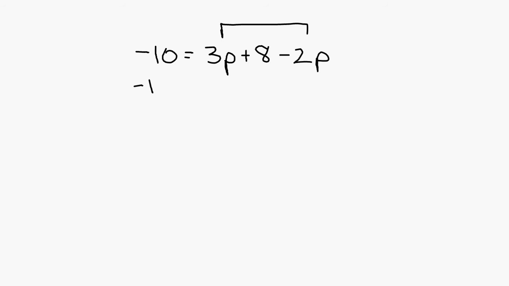So the negative 10 and the equal sign get rewritten. And in your calculator, you're just going to take 3 minus 2. And 3p minus 2p equals 1p. But you don't write the 1 in front of it. So the 3p and the negative 2p just combine to a p, and it's plus 8.